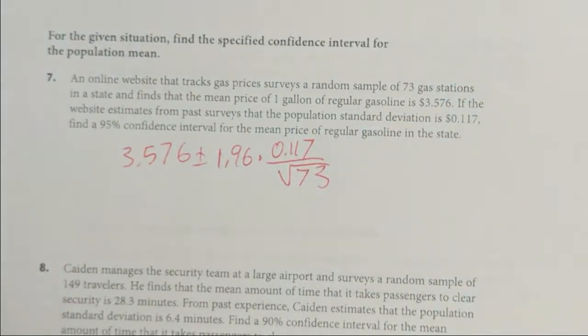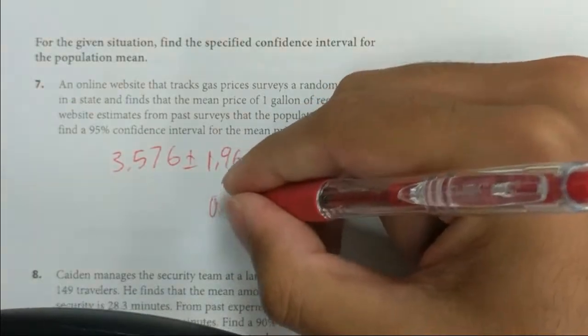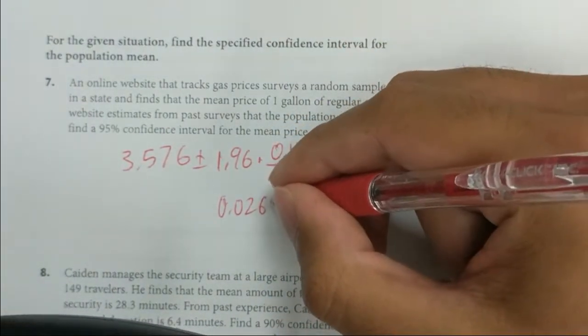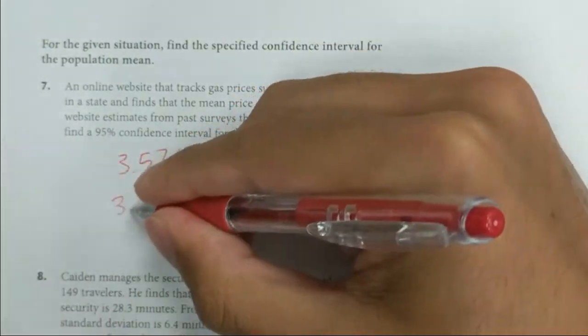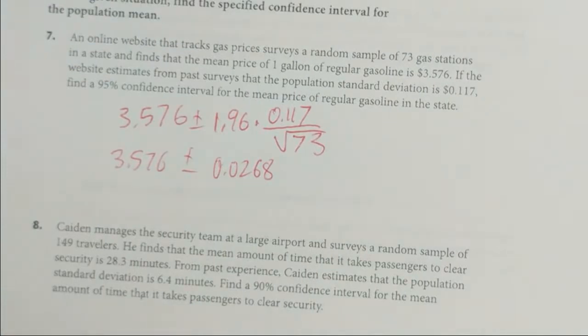Okay, so let's find the margin of error. So about 0.0268, and then the actual confidence interval.